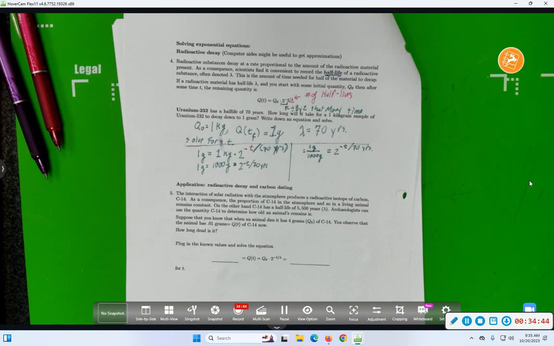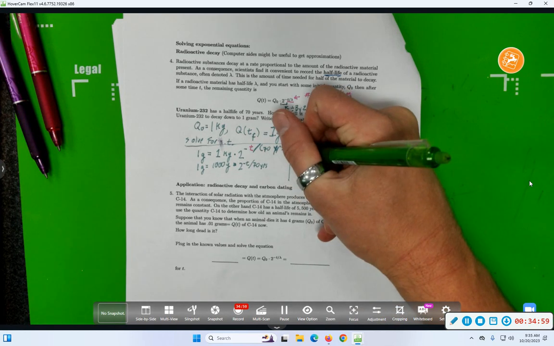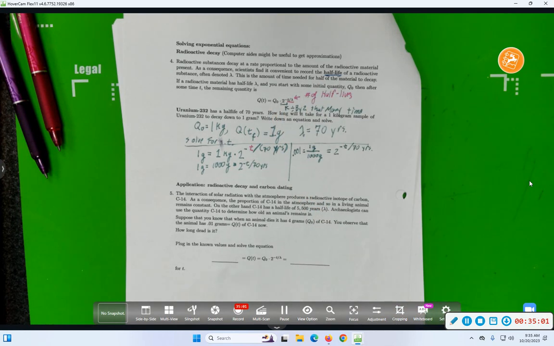And what is 1 gram divided by 1,000 grams? Yeah, it's either 1 over 1,000 if you like fractions. If you like decimals, I guess that's 0.001. Which, I don't know. I guess I'll do that.